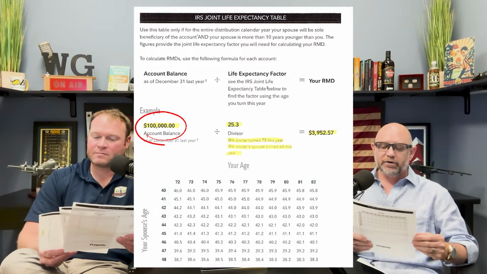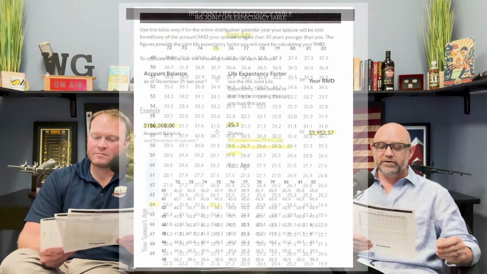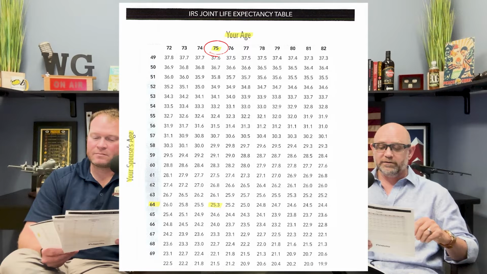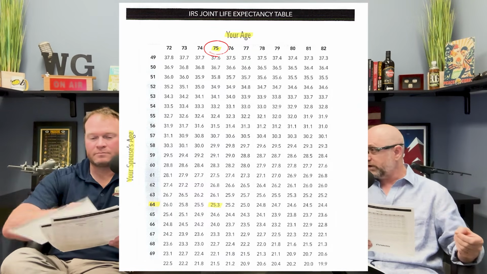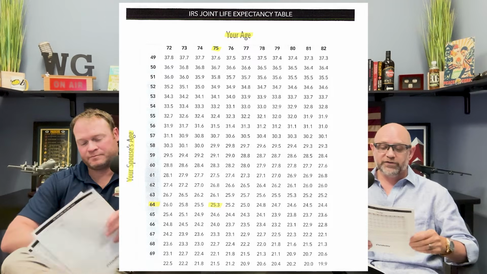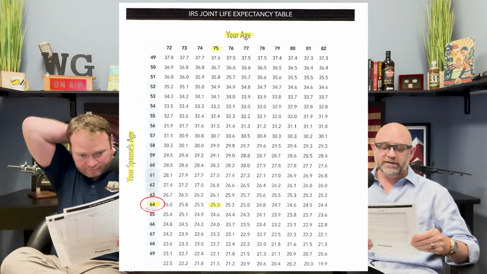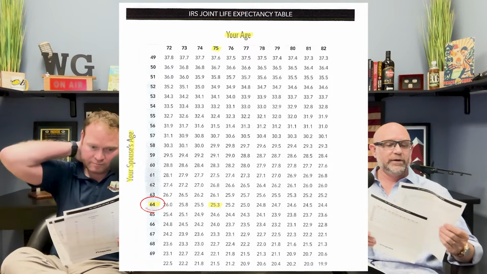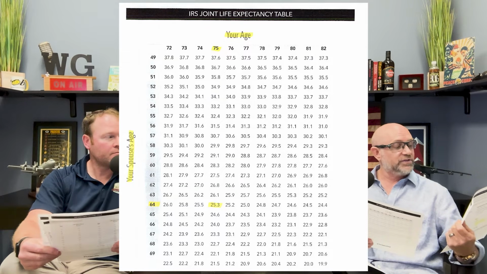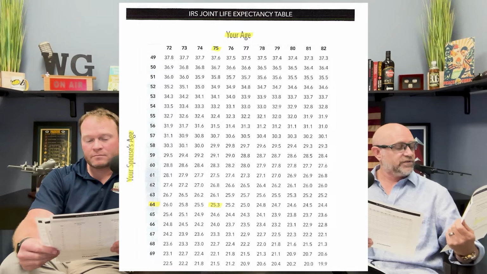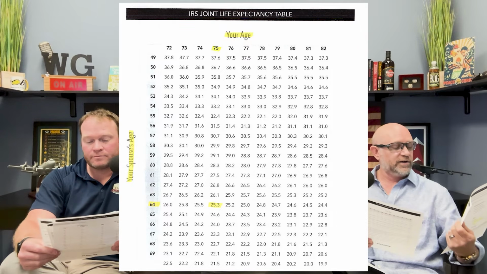Now, in this example, the IRA owner turned 75 this year. But the spouse who is going to inherit this turns 64 this year. Then you have to look, and we'll put this up here. So go to that page there, and you find where the column says 75 and where the row says 64. And what is our divisor?